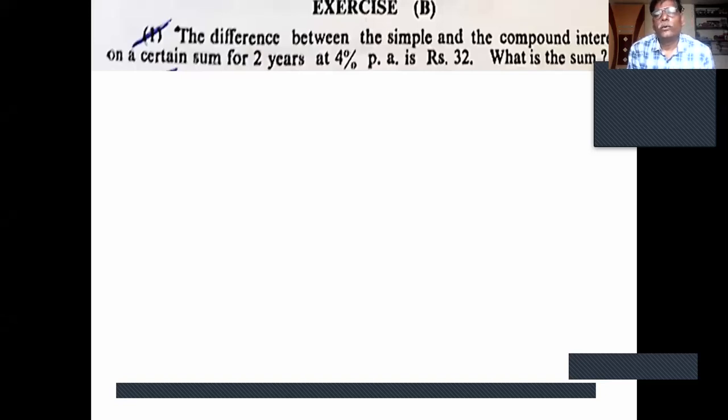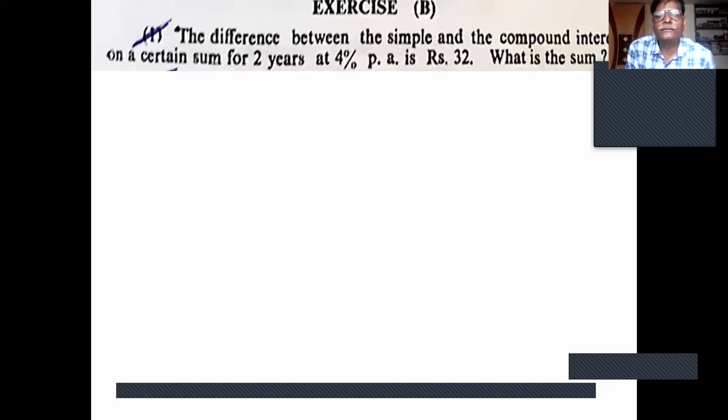Suppose I tell you 100 is the principal. What is the amount of interest for 2 years? On rupees 100, if you calculate simple interest for 2 years at 4% per annum, what is the interest?